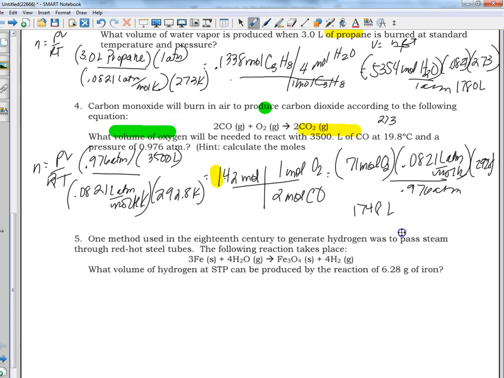All right. Last one, we're going to change grams to moles for iron. Okay, that'll give us moles of iron. Our ratio of iron to hydrogen is 3 to 4.